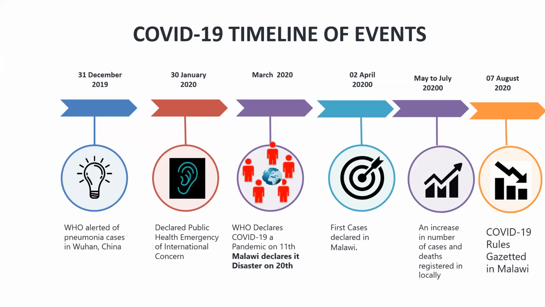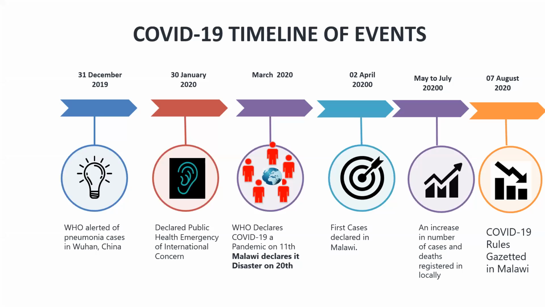Briefly, I also want to highlight events as far as COVID-19 is concerned in Malawi. From December, WHO made an alert, and in January 2020, WHO declared COVID-19 a public health emergency of international concern.